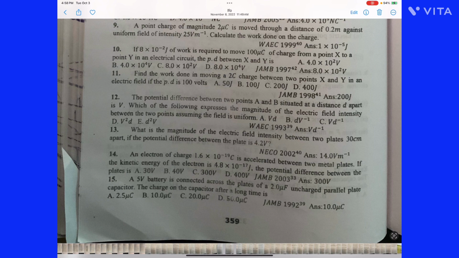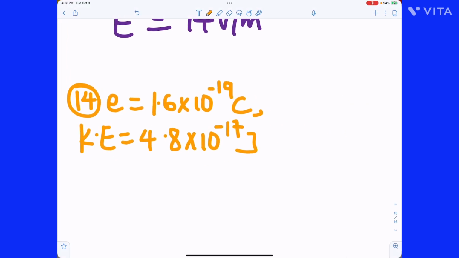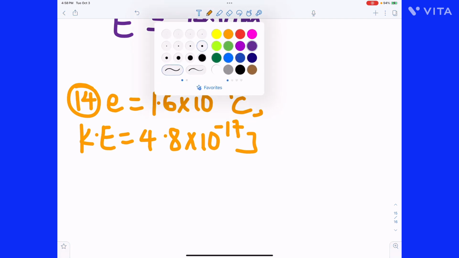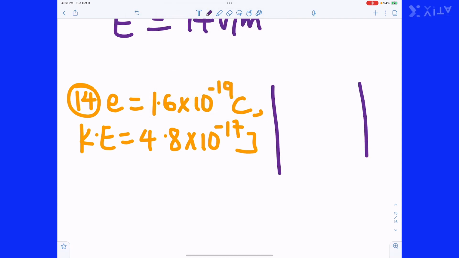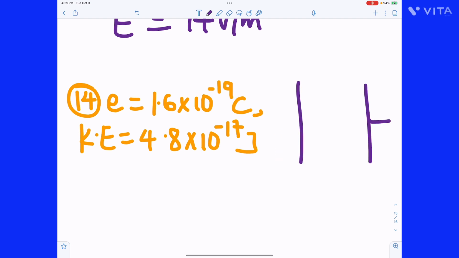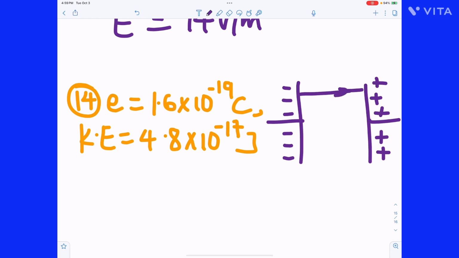The question says the potential difference between the plates, and technically what we do here is very simple. Assume that these are two plates of a capacitor. Electrons will go from the negative plate to the positive plate like this, against the electric field, so they must have a lot of energy before they can travel.